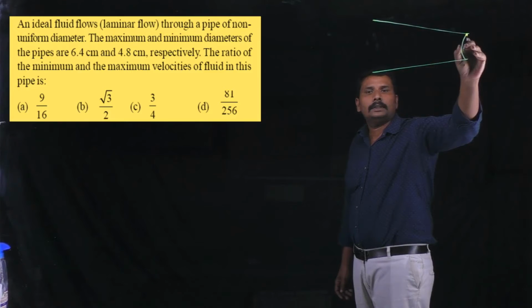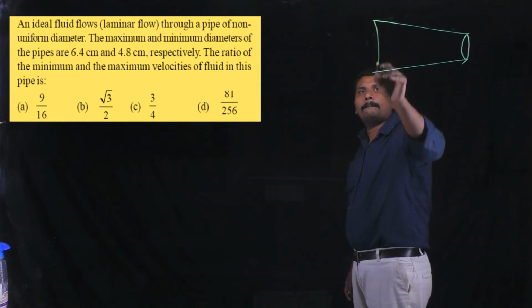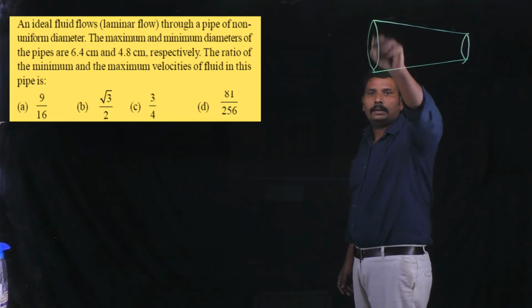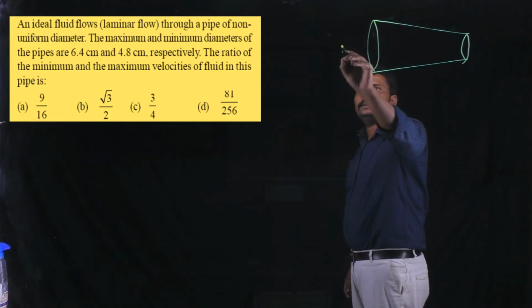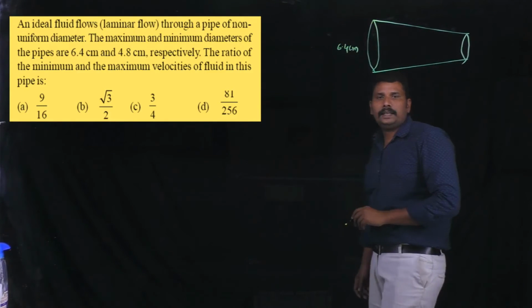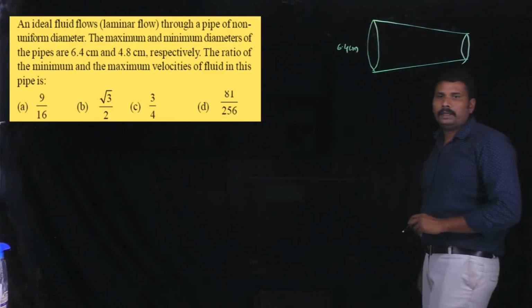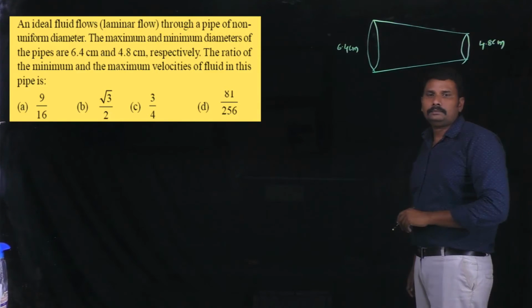Okay, this is the maximum diameter having 6.4 centimeters, and at this side the pipe having minimum diameter, it is 4.8 centimeters.